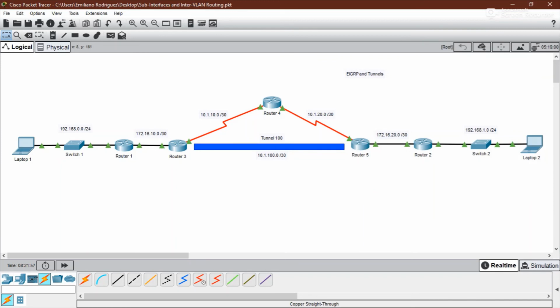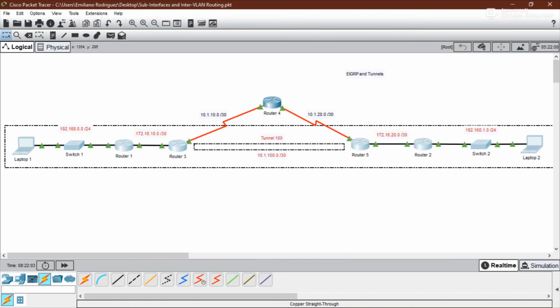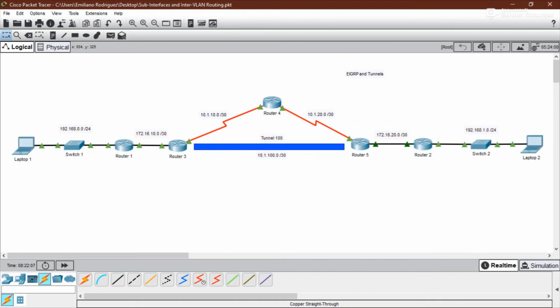Now both of our local area networks are using EIGRP, and they are both connected through tunnel 100. Router 3 should be able to ping router 2. Router 1 should be able to ping router 2.